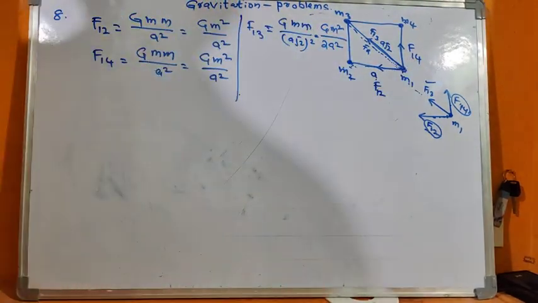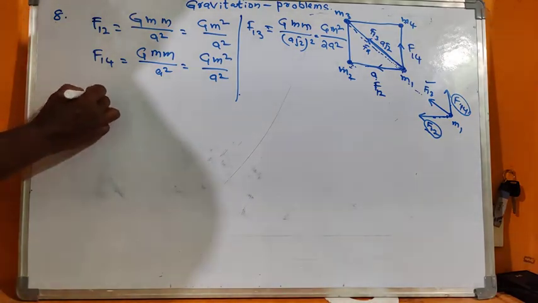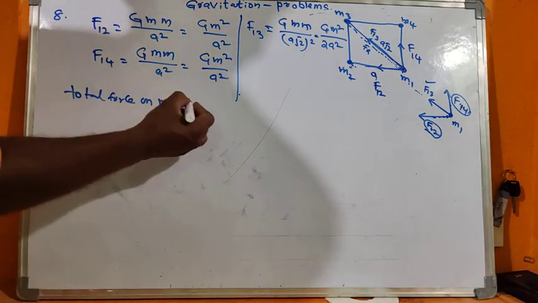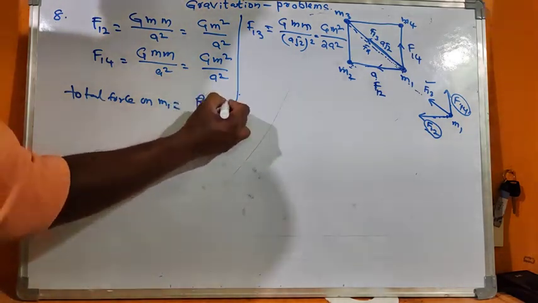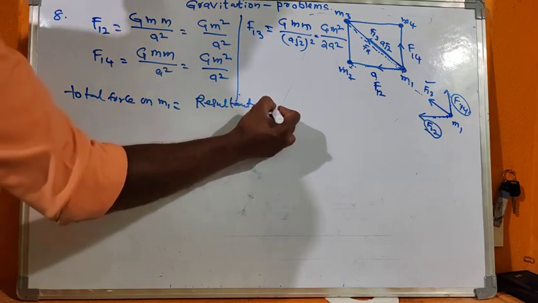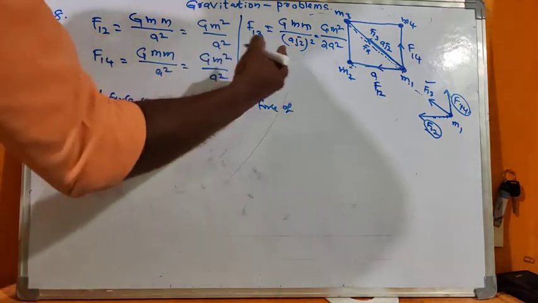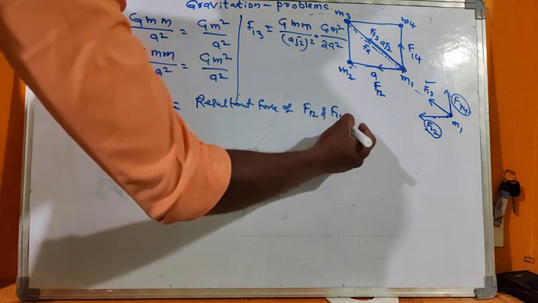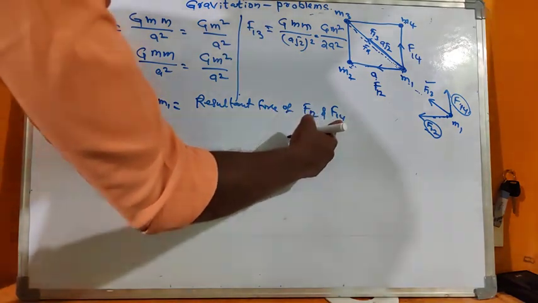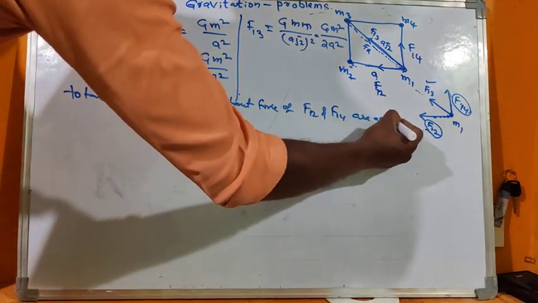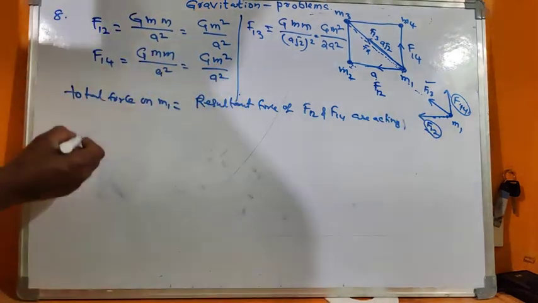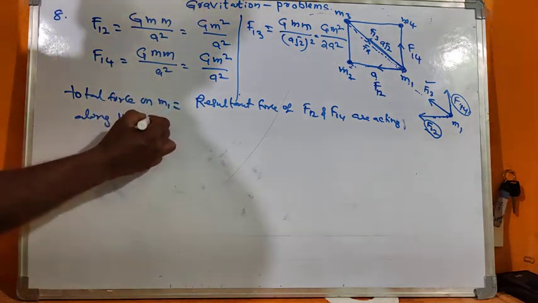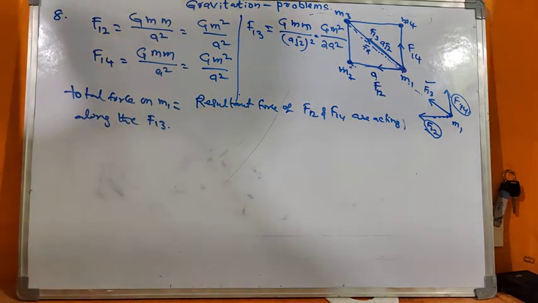But here the total force on m1 is equal to the resultant force of F12 and F14, which acts along F13.